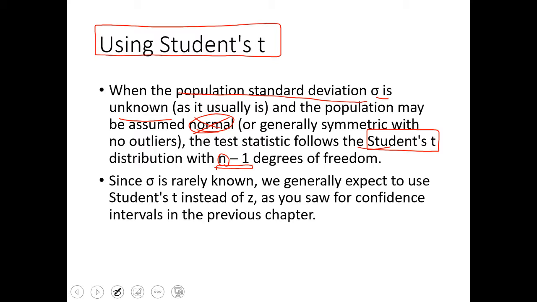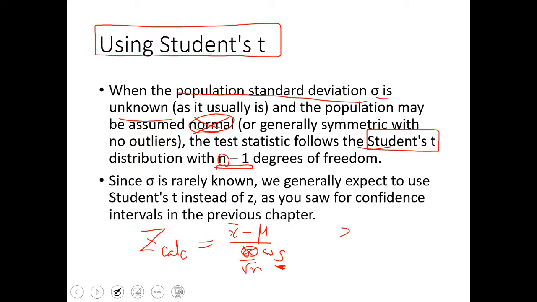In the previous example, we used the z statistic: x bar minus mu divided by sigma over square root n. But this sigma is not given, so we have to use s instead of sigma, where s is the sample standard deviation.